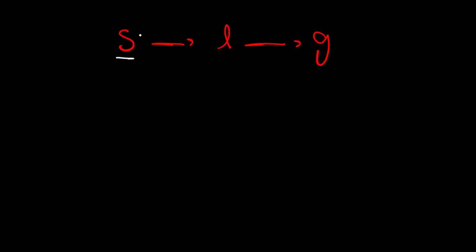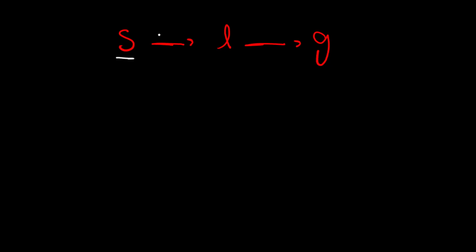Think that this is ice cubes. When we want to convert the ice to water and the water to gas, we need to give it energy, right? We need to heat it up.